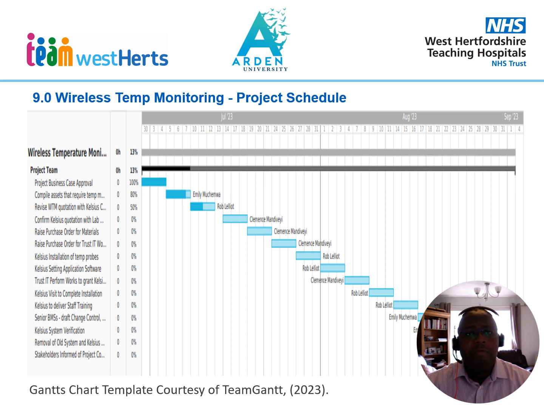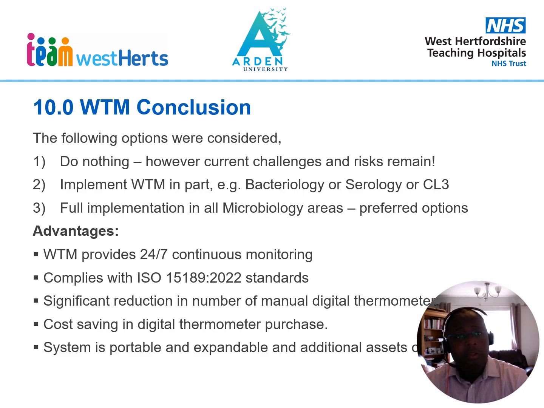For example, there could be delays in Trust IT approving or implementing the project because of other pressures on the team. There could be delays with delivery of supplies. So this is why in this project I recommended the Agile with a Scrum framework, because it will help to ensure that if there are delays, they are captured, and that there's mitigation in place.